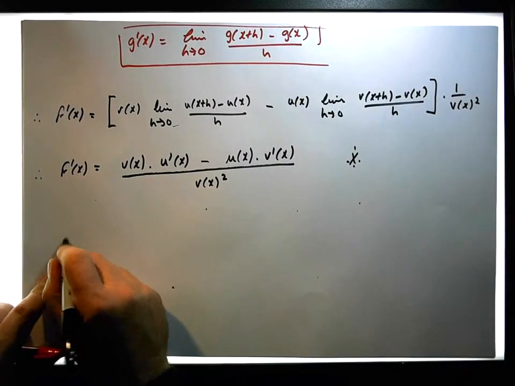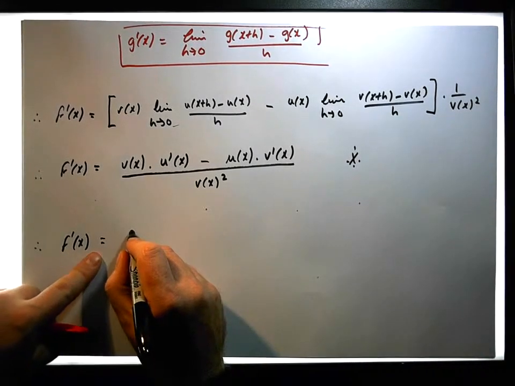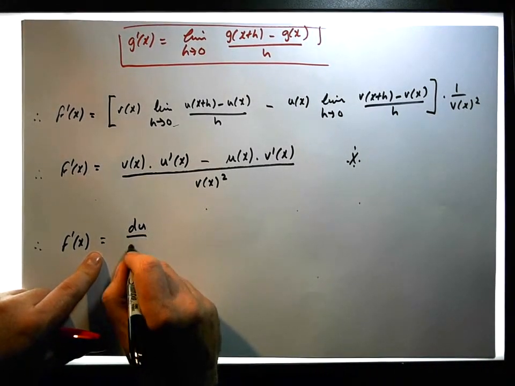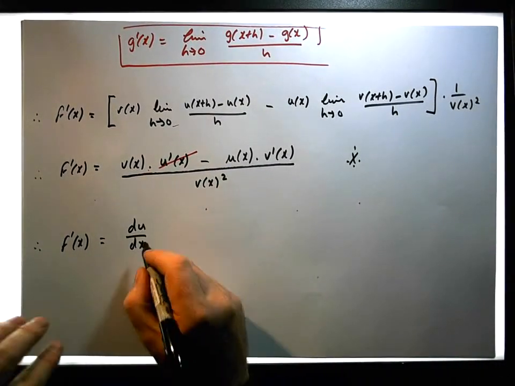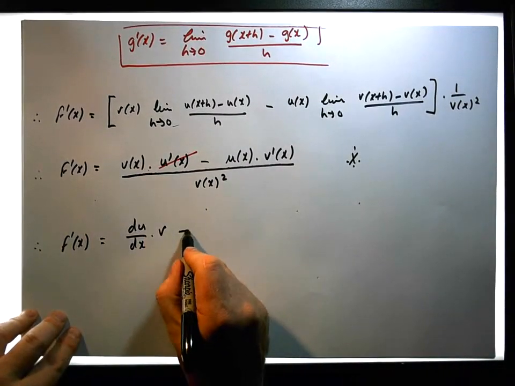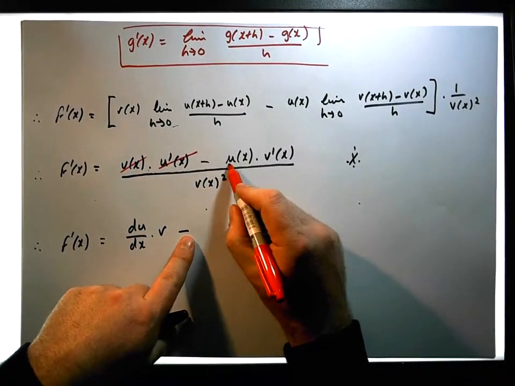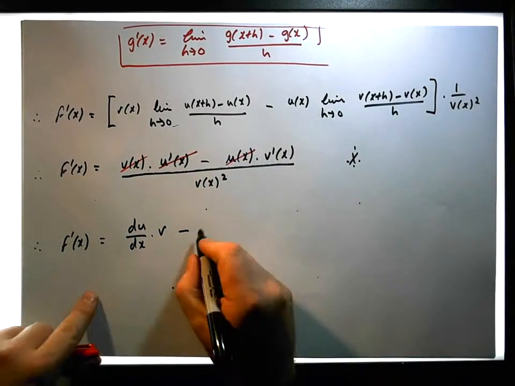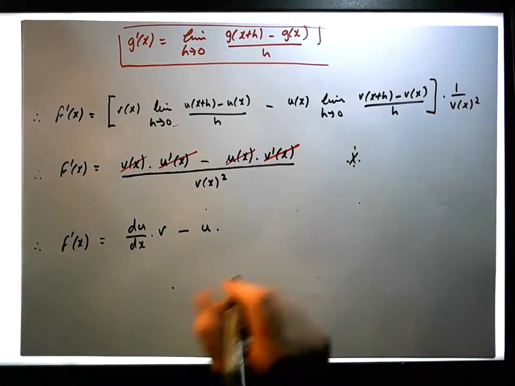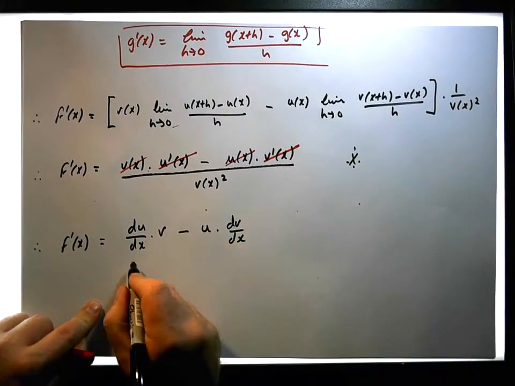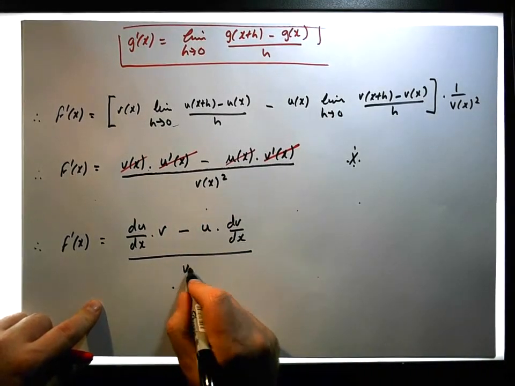So the derivative of f of x is equal to the derivative of u with respect to x, that's what this piece is here, times the function v, minus, we just got rid of the v here, u of x, which in short notation is just the function u, times the derivative of v, which is dv dx, which needs to be divided by the function v of x squared, which is just v squared.